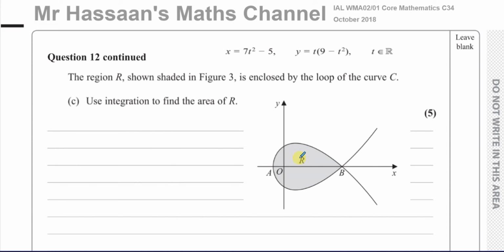Now, there's different ways we could go about this. Probably the most difficult way, which will cause us lots of problems, is to find the Cartesian form of this equation and then try to integrate between the limits, which is going to be very difficult here. Probably the simplest way of dealing with it is to use parametric integration.